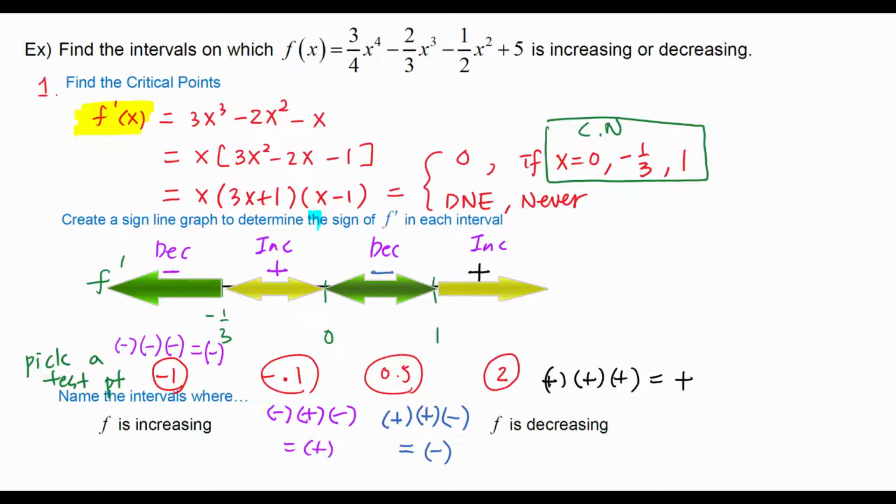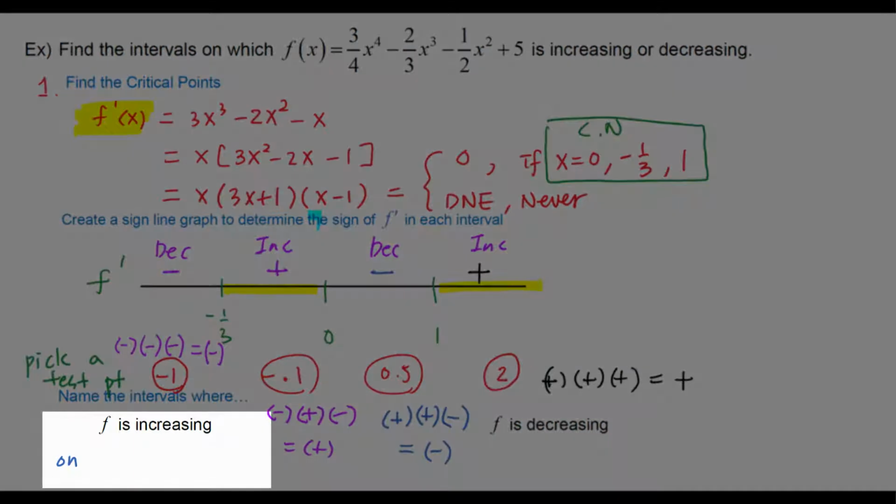So you can conclude that f is increasing on which interval? The increasing intervals are right here, and you always give open intervals. And because there are two intervals, you're going to use a union symbol in between the two intervals.